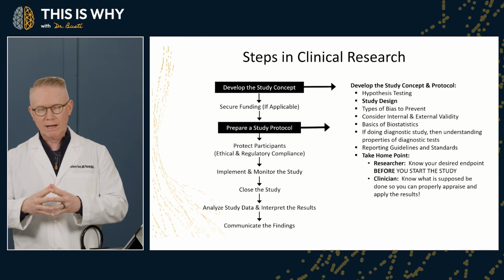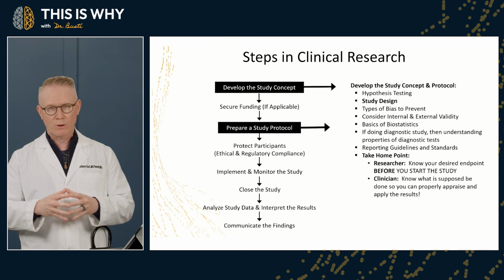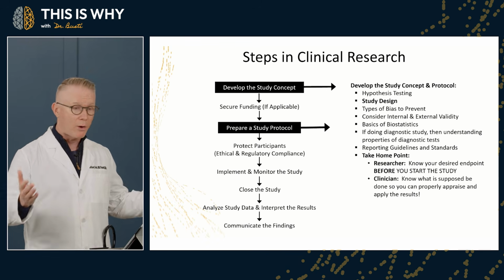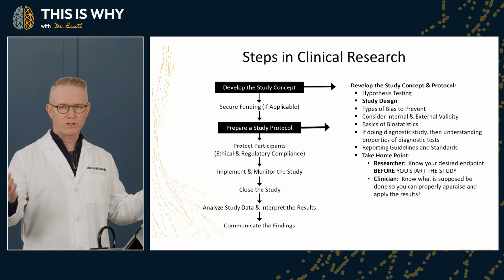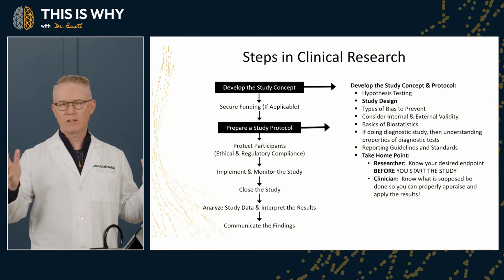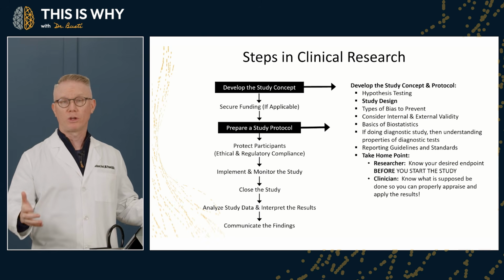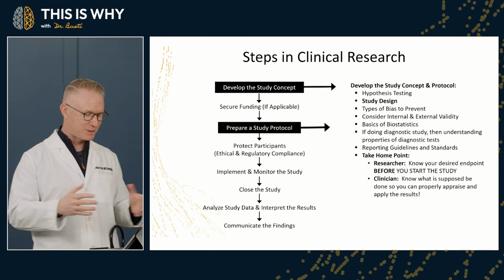Remember, that's where those SPIRIT guidelines come in, and you may even have to publish the protocol. Or you may go out and see on the registries that are available, which we'll talk about at the end, whether someone is already doing the study that you want to do, or answering your hypothesis and the questions that you have.